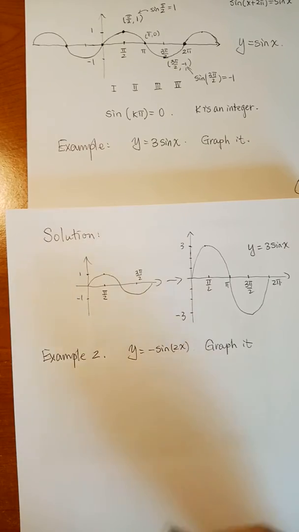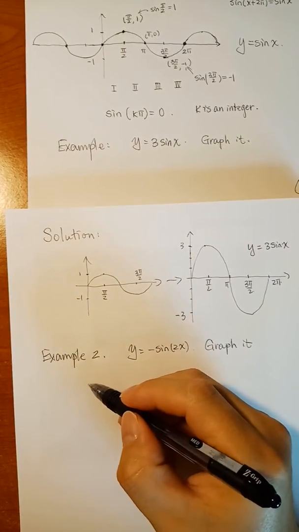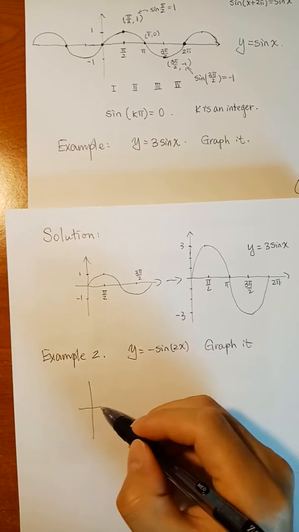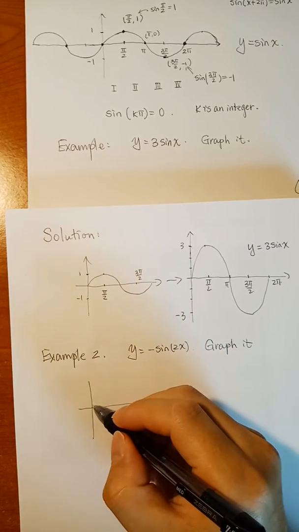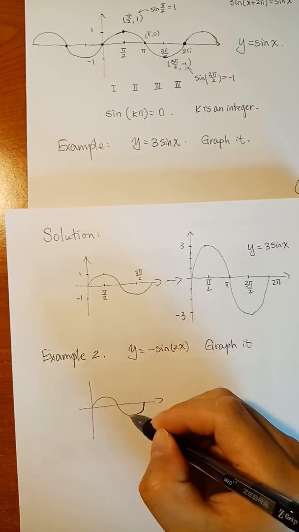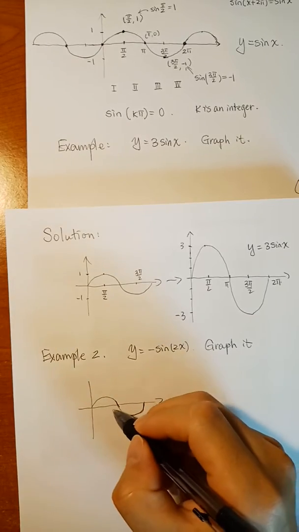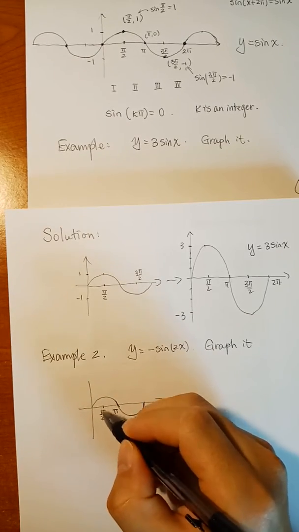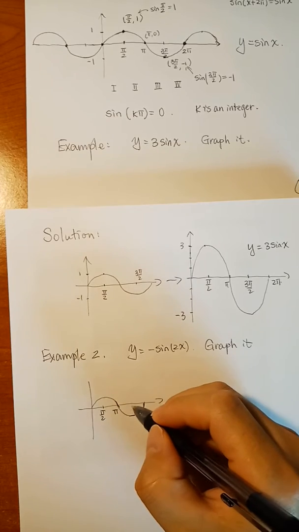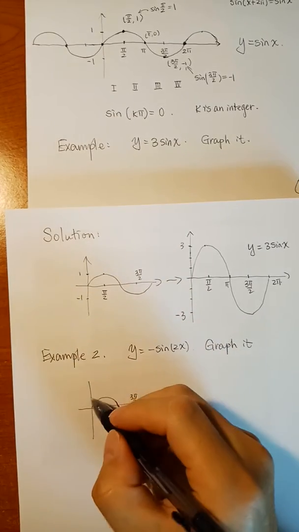Okay, so we're going to have a similar process. Step 1, we sketch the standard sine function. This is pi. This is pi over 2, about 1.5, not 1.7. And this is 1.